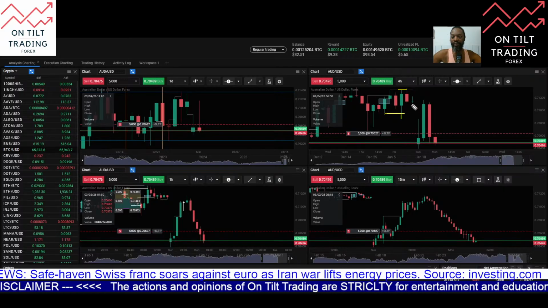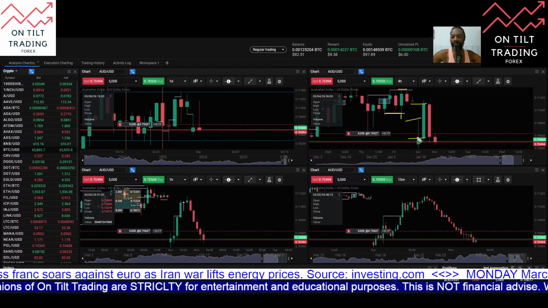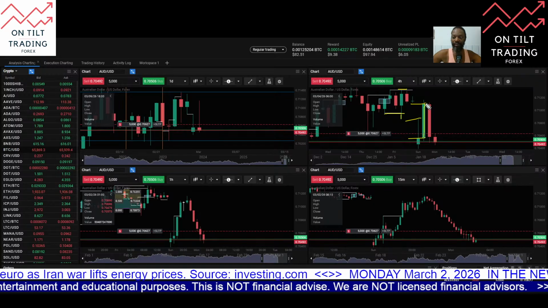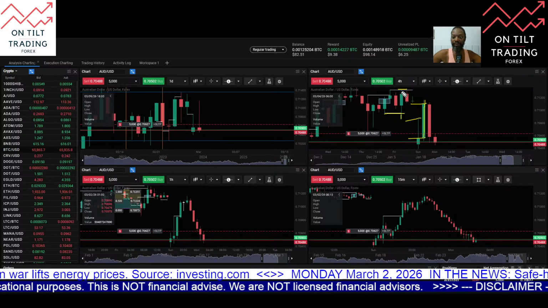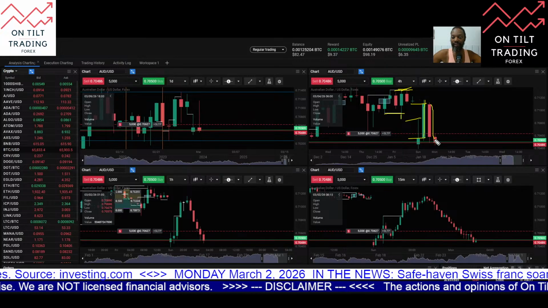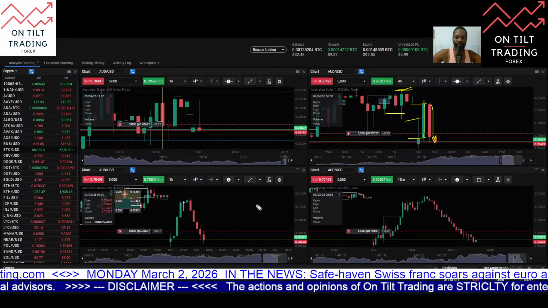And then you get the new week opening gap where this gap is made here, so still bearish price action. You get price pull back, but this swing high here is still respected, and then price redelivers here to the sell side. So price remains bearish here on the 4-hour chart.